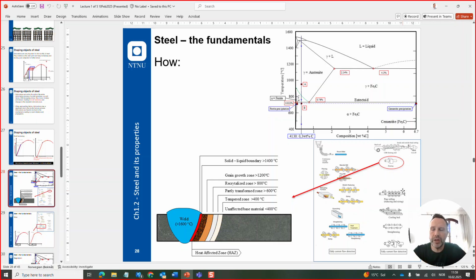In this case, we go up on the graph. And new grains will form, the old ones would split up, and we will form a structure that is the same as the base material or the likes. Whatever we would desire, we can make it through heat treatment.